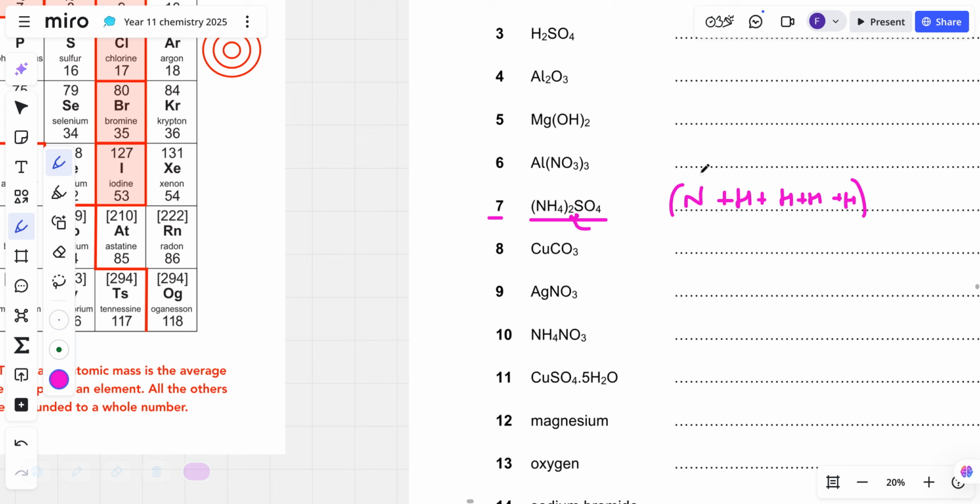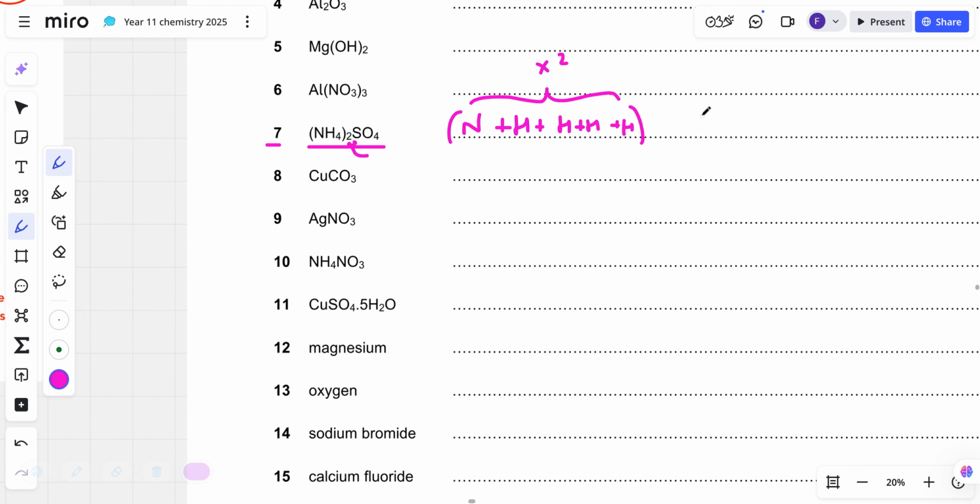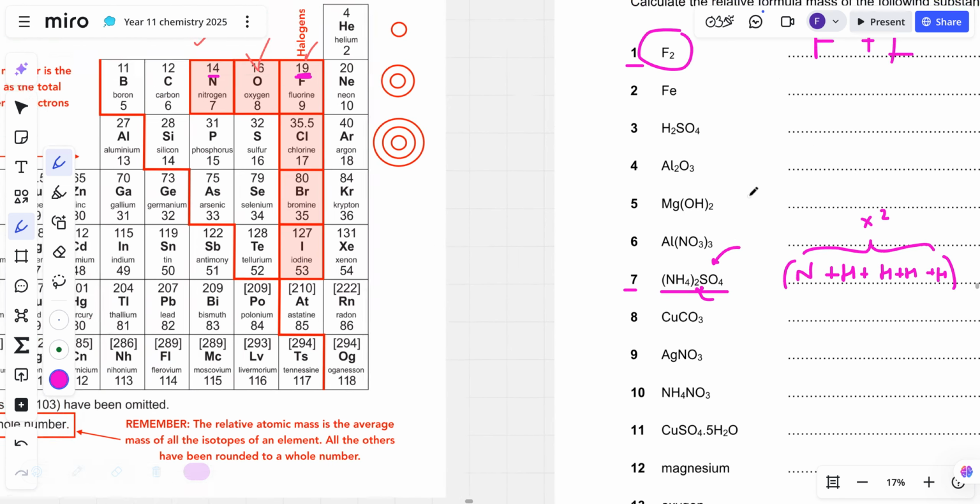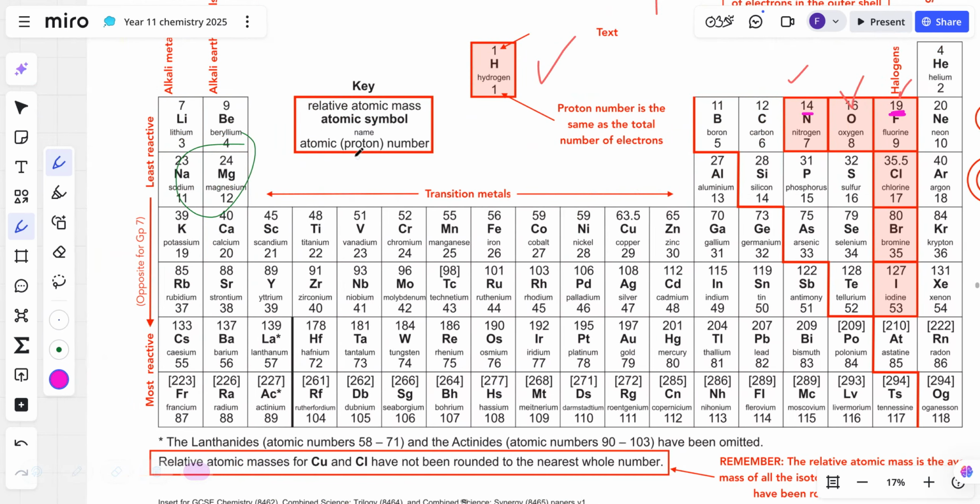And what that means is whatever I'm going to get here, I'm going to times it by 2 because I've got 2 of them. I've got also 1 sulfur and 4 oxygens: 1, 2, 3, 4. Okay. All right, so then you go to the periodic table, you grab nitrogen.